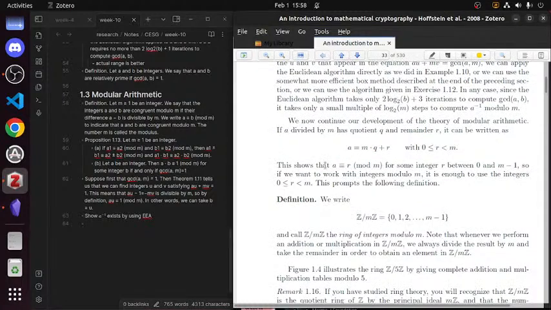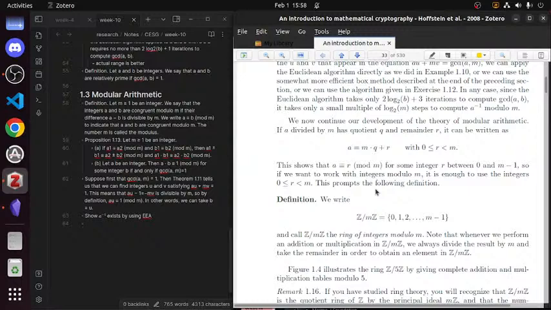So this shows that A is congruent to R mod M. Okay, I'm going to have to write that down.